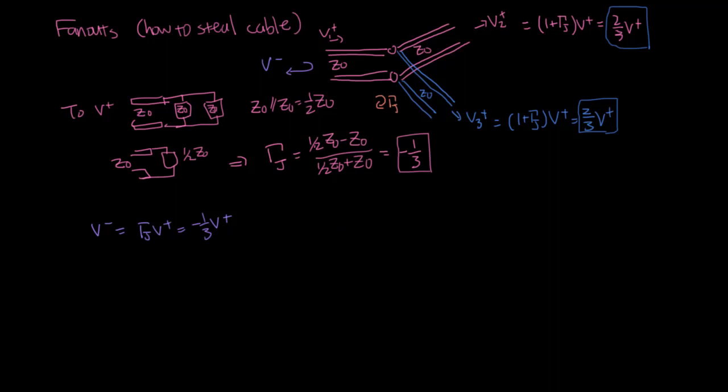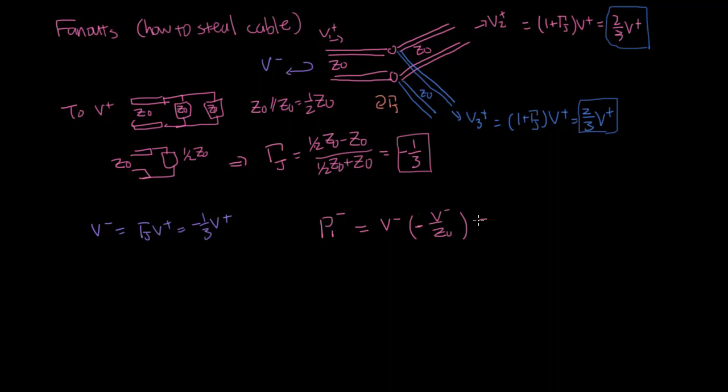One nice little shortcut that we can also see here is the amount of power that's reflected. So if we wanted to calculate the power that's reflected, the power in this negative wave going back through transmission line 1 is going to be equal to the voltage times the current. And remember, the current is going to be V minus over Z naught, except for, yes, the minus sign.